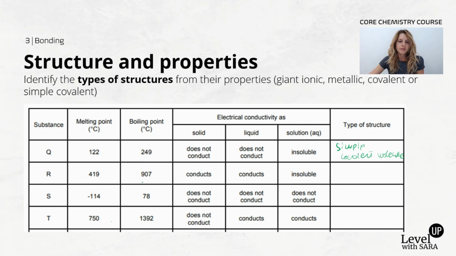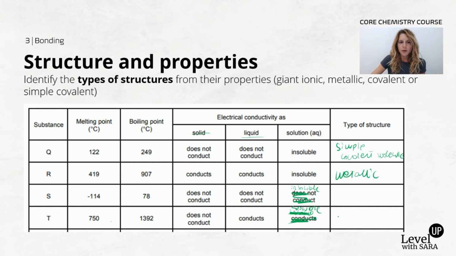R has a high melting point. Notice that it always conducts, as a solid and as a liquid. It must be metallic. It's your turn for S and T. Here it means insoluble. Oh, actually, this will be soluble. Little mistake here.